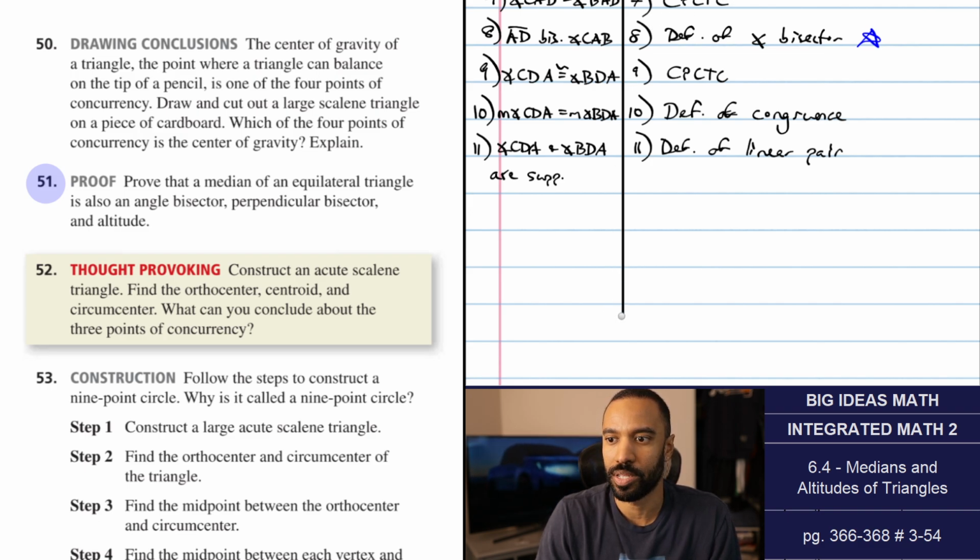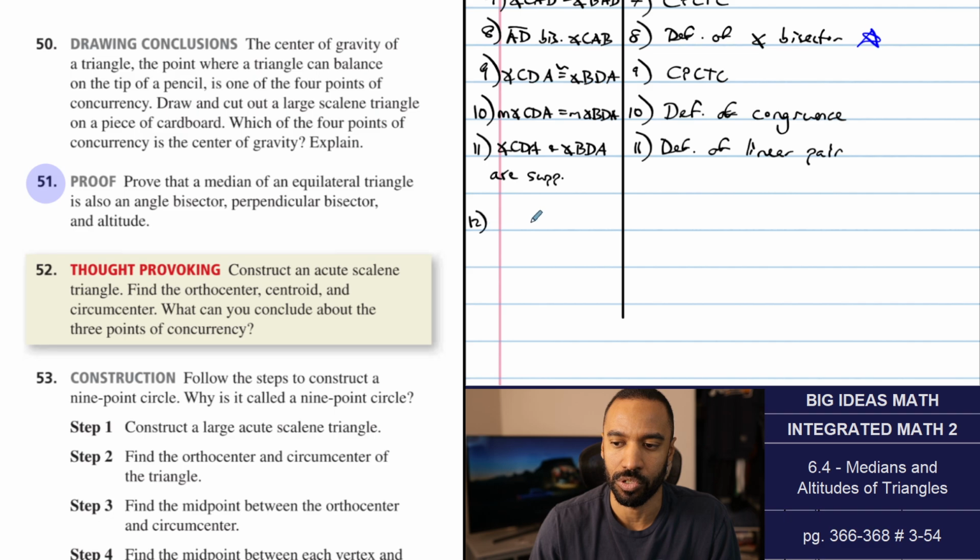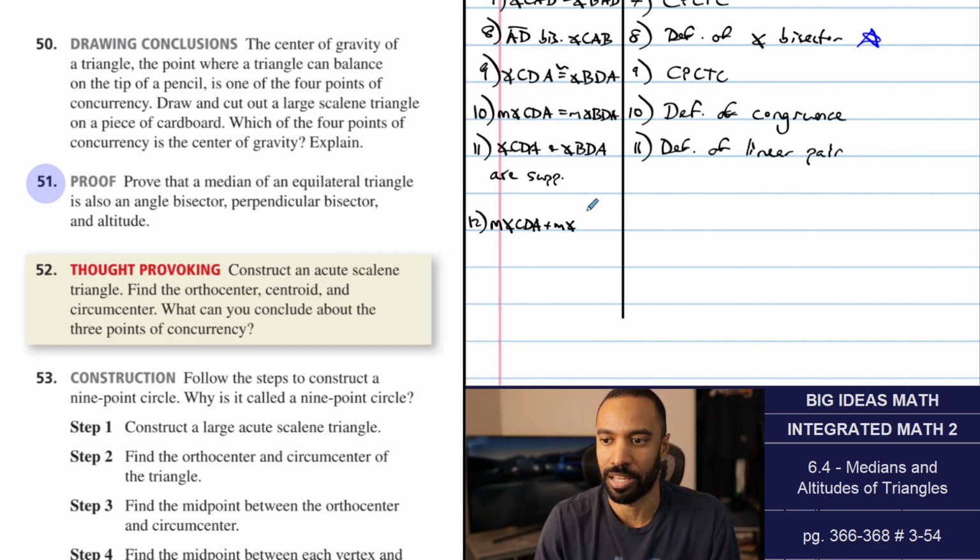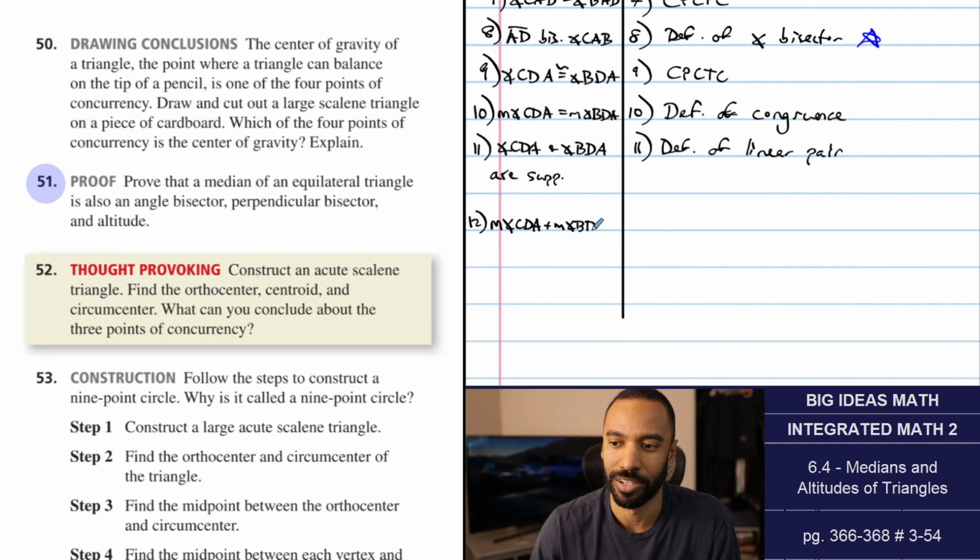If they're supplementary, then their measures add to 180. So check this out. I'm going to work this out a bigger way. Measure of angle CDA plus measure of angle BDA equals 180. Yes, I'm going the long road on this. However they did it in the lecture portion, I can't remember. They basically did all these like 6 lines I'm going to do in 1 line or 2. That is the definition of supplementary angles.